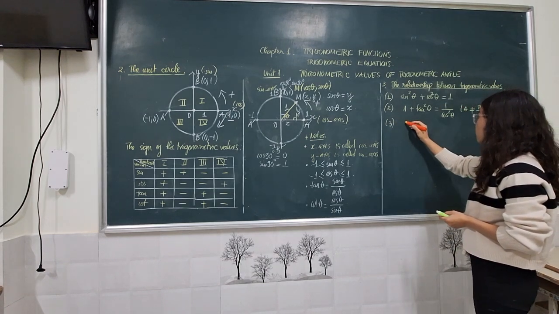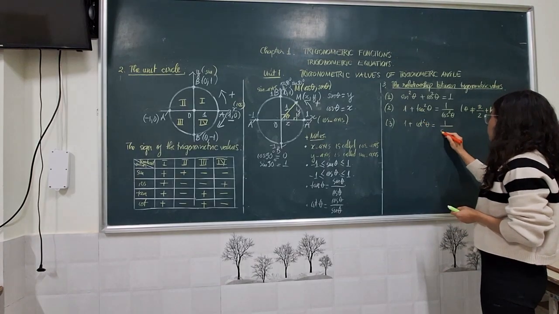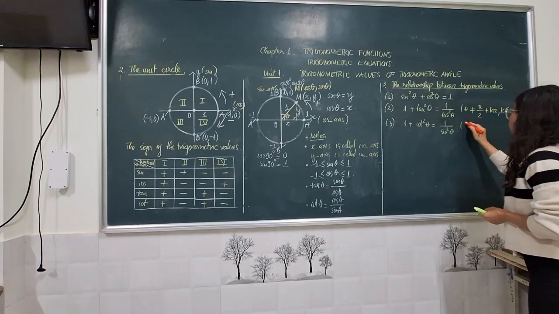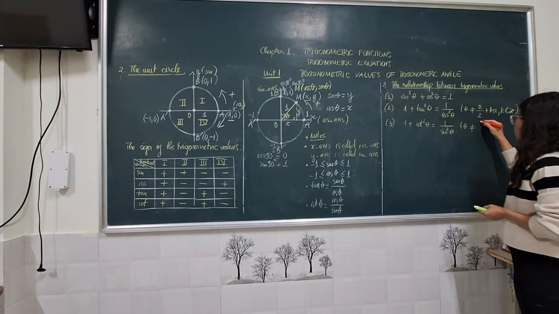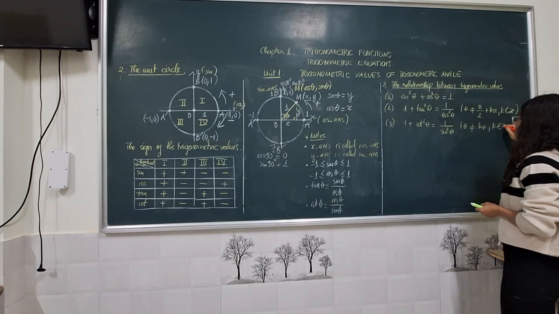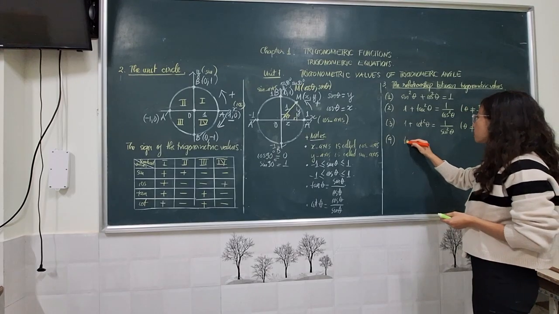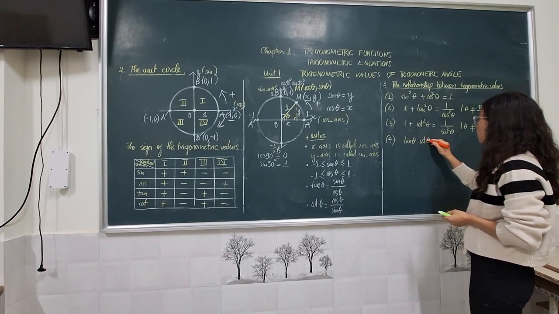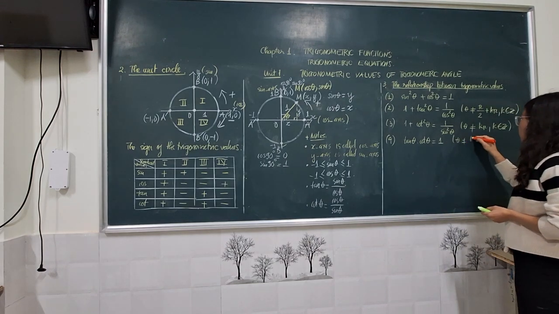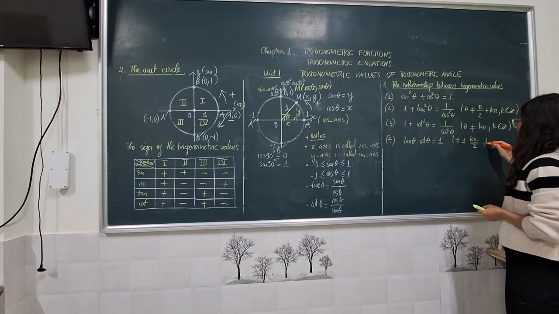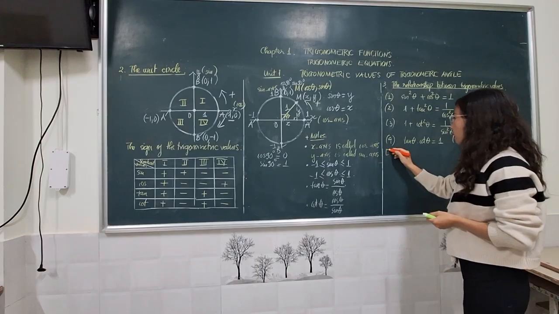The third identity is 1 plus cotangent theta squared equals 1 over sine theta squared, with theta not equal to k pi, where k belongs to the integers. And the last identity is tangent theta times cotangent theta is always 1, with theta not equal to k pi over 2, where k belongs to the integers.